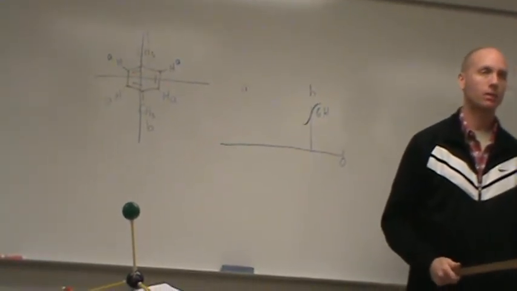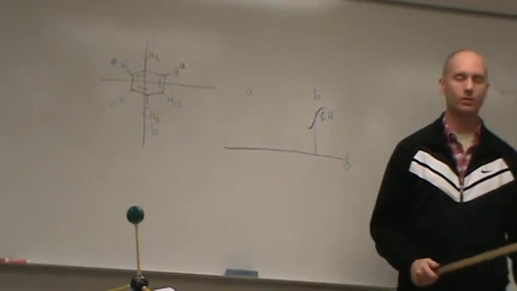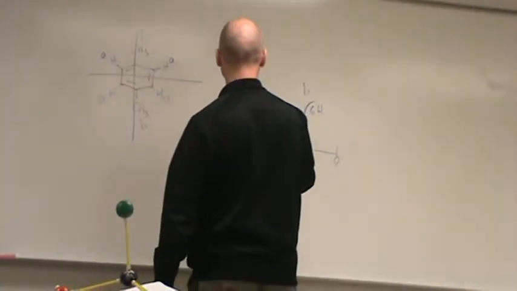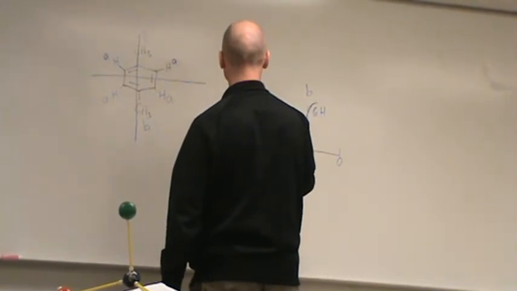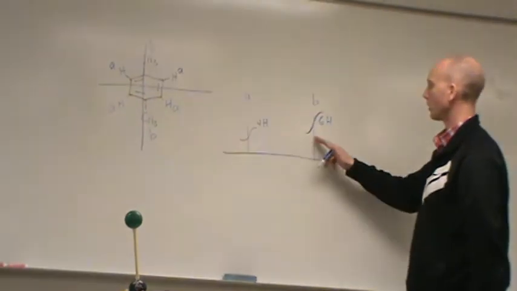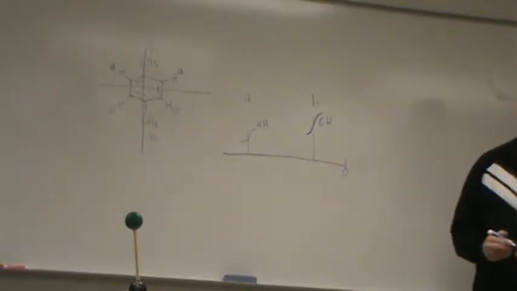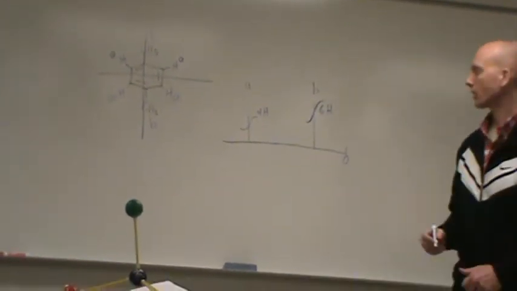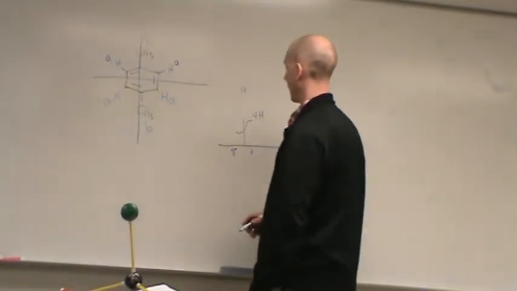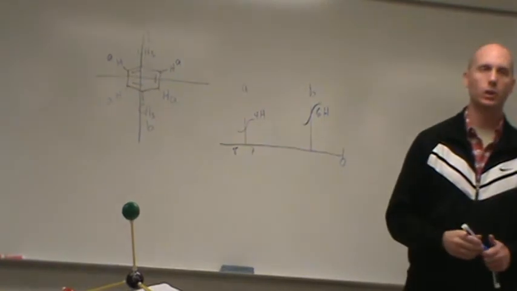So it'll be a long singlet representing 4 hydrogens. Okay, so it won't be as tall as this singlet, so you get 2 singlets. And of course, this one will be between 7 and 8 on the chemical shift.